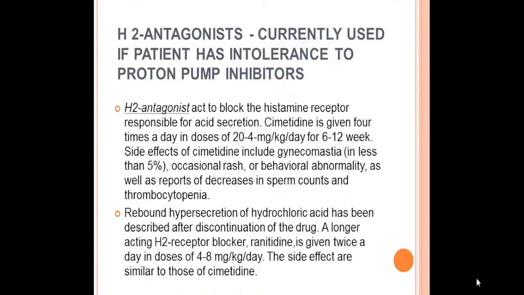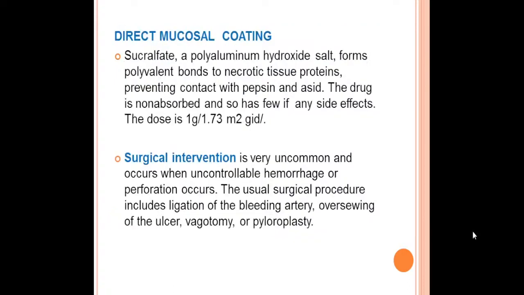Rebound hypersecretion of hydrochloric acid has been described after discontinuation of the drug. A longer-acting H2 receptor blocker, ranitidine, is given twice a day in a dose of 4-8 mg per kg per day. The side effects are similar to those of cimetidine.